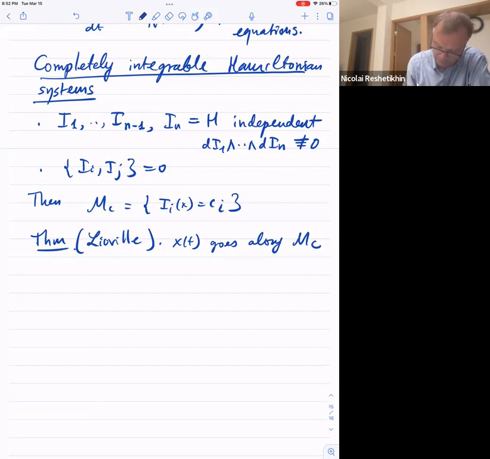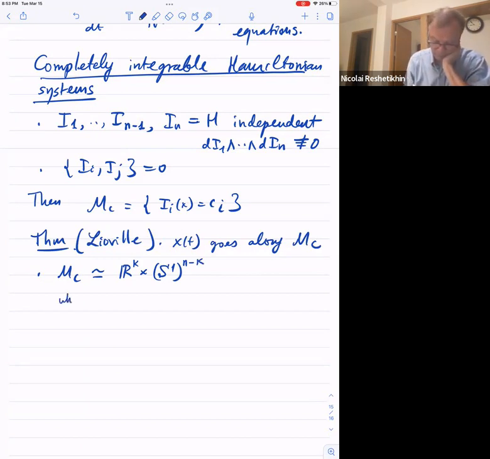What is a little bit less trivial is that M_c is always isomorphic to the product of a copy of Euclidean space and an (n minus k)-dimensional torus.